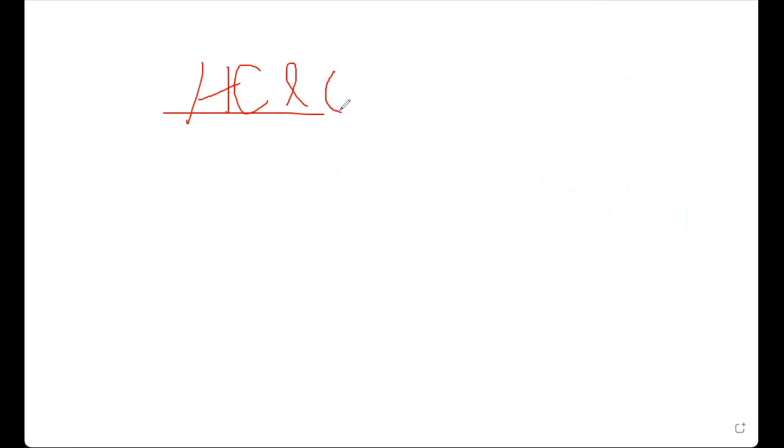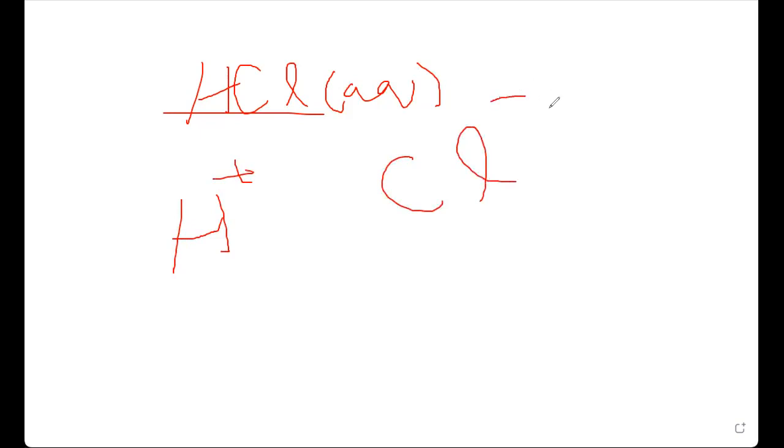Because when you are dissolving HCl in aqueous solution, it will dissociate into its ions and it will give you a proton. When you dissolve HCl into water, it will always dissociate into H plus ion and Cl negative ion.